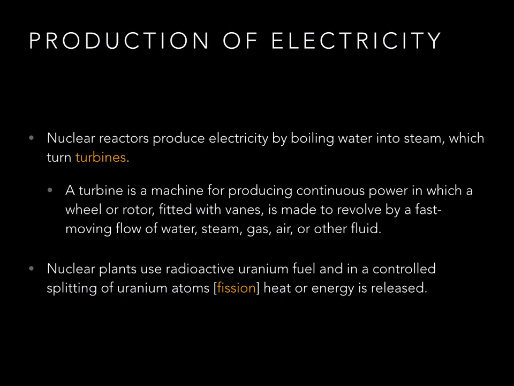A turbine is a machine like a fan that produces continuous power where the wheel or the rotor is fitted with vanes, and then they're made to revolve by a fast-moving flow of water, steam, gas or air, or any other fluid. Nuclear power plants use radioactive uranium fuel, and in a controlled splitting of uranium atoms called fission, heat or energy is released, which then boils that water, turning it into steam, and then turning the turbines.